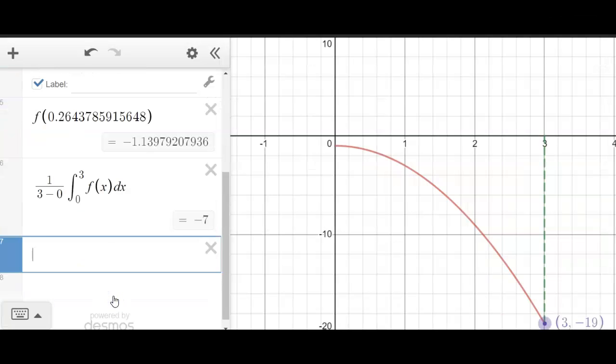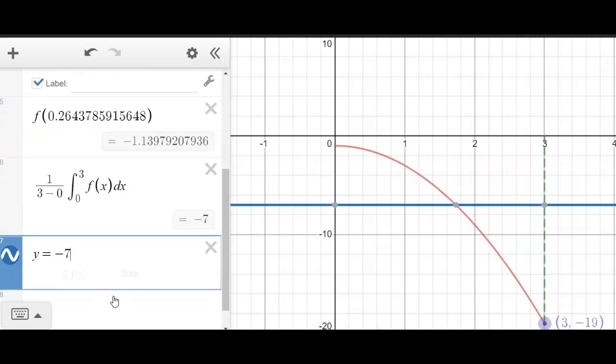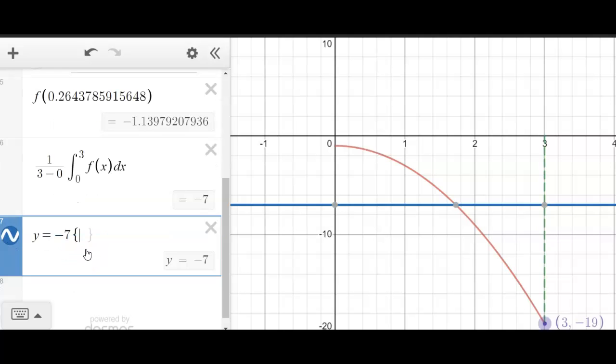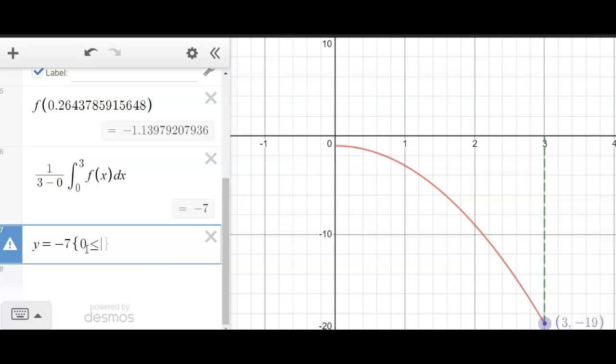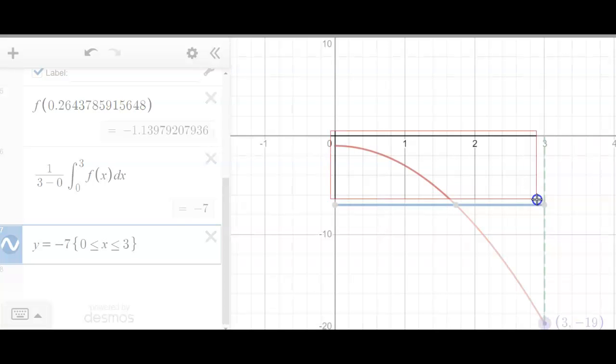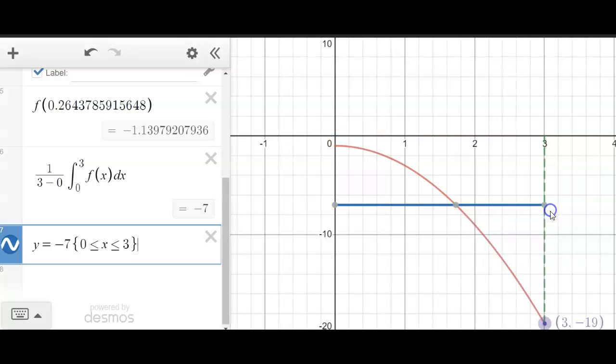Alright, now geometrically speaking, if I made a horizontal line at y equals negative 7 over this exact same interval, so 0 is less than x is less than or equal to 3, just like the red curve's interval. Another way to think about what the average value is, if I came up with the area of this rectangle right here, ignore the red part in there.